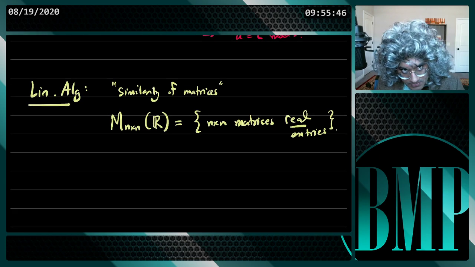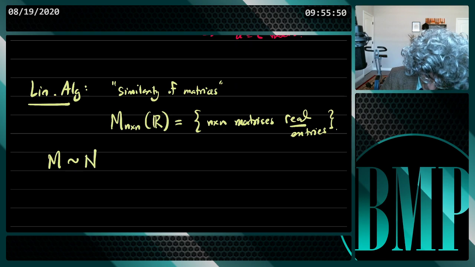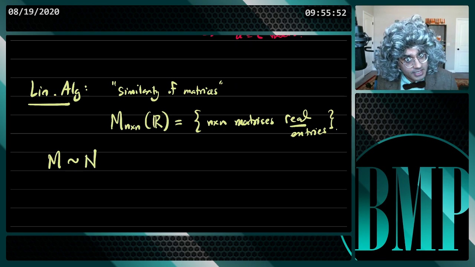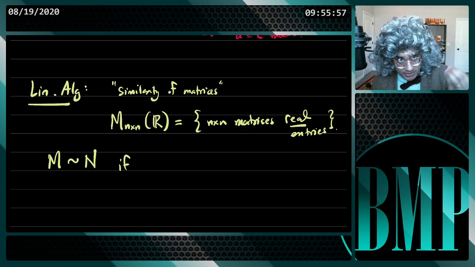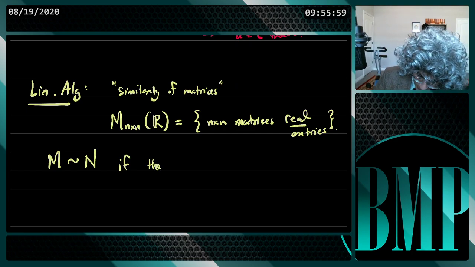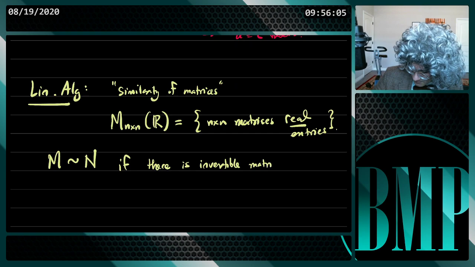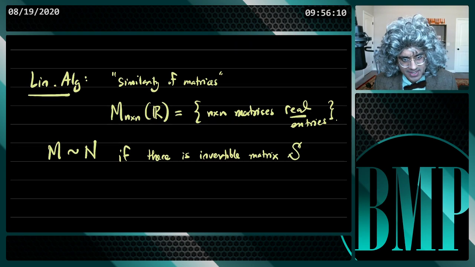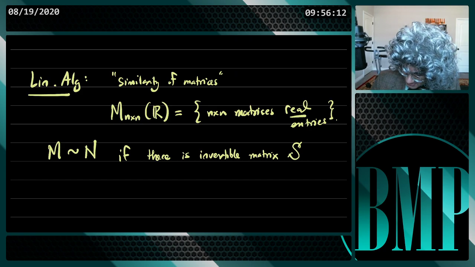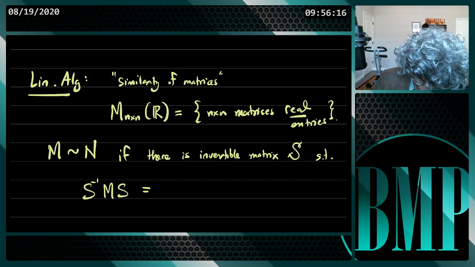Then we say M is similar to N. Two matrices are similar if, this is the rule, I'm telling you what this symbol means, if there is an invertible matrix, usually given the name S for some reason, such that S inverse M S equals N.